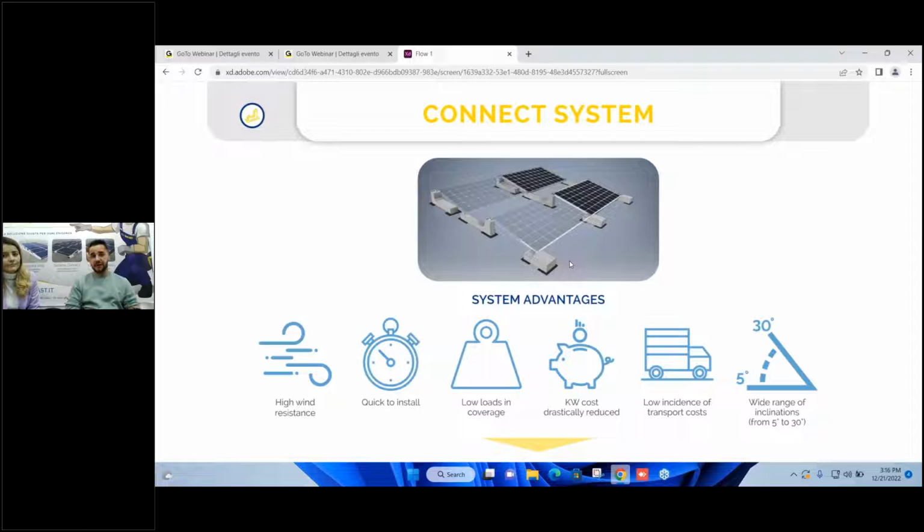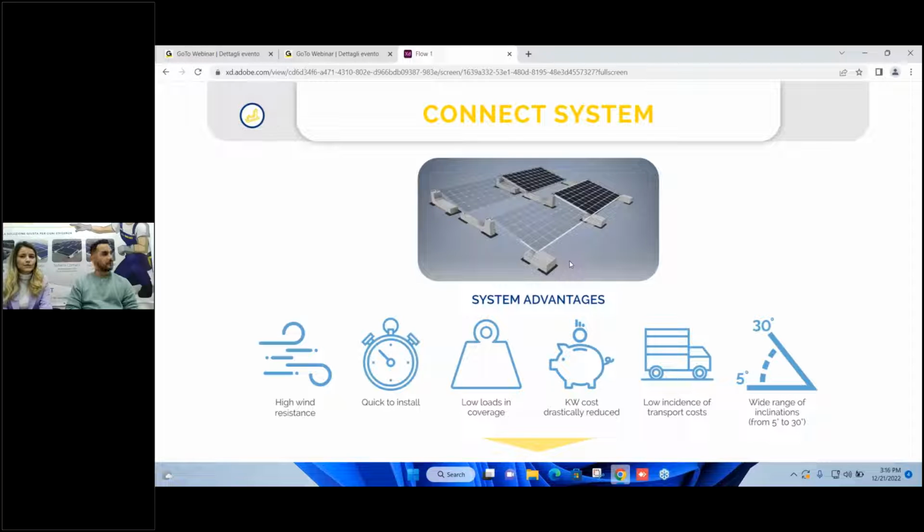But as the name says, it's all connected, all linked together, very resistant, with very low loads on the roof, right? Of course, it comes with a low inclination, which is good depending on the country where you are geographically, which inclination is better for you.